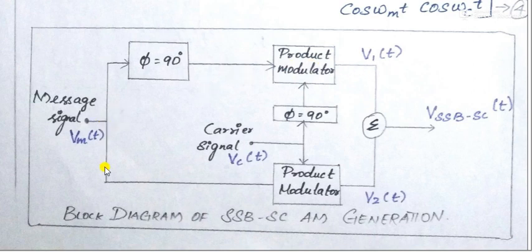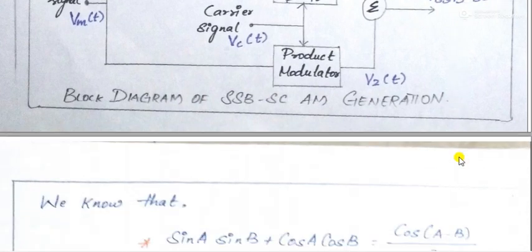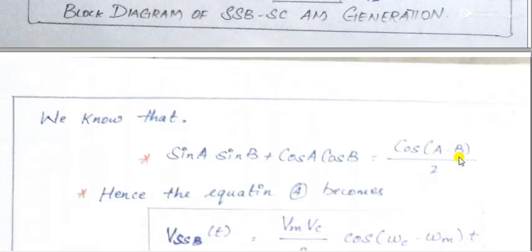The message signal and carrier signal are multiplied in the product modulator, giving V2 of t. So finally the SSB signal is generated at the output of the AM modulator, that is SSB-SC AM signal generation.